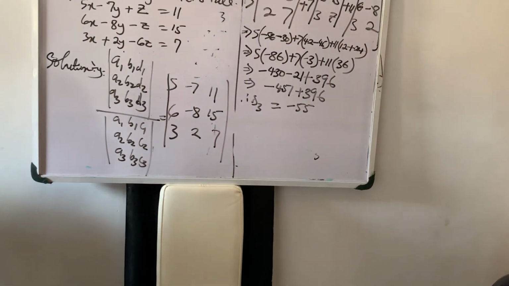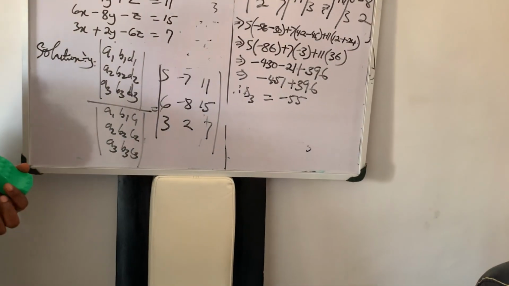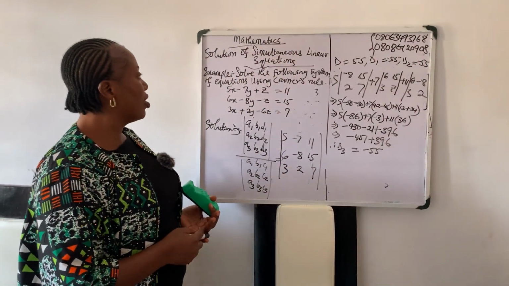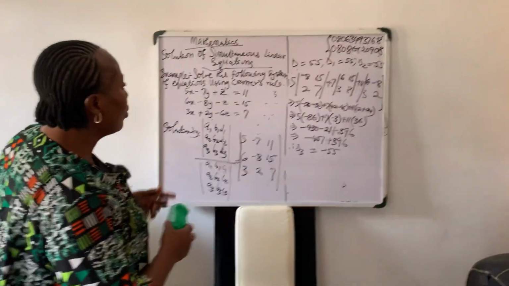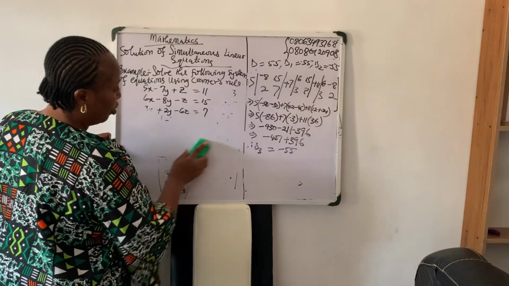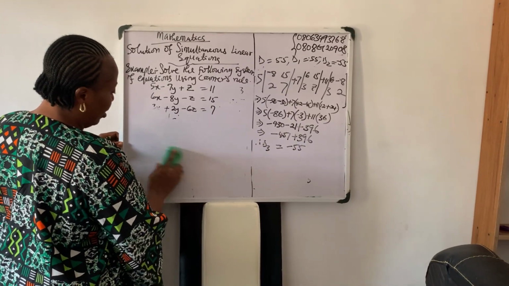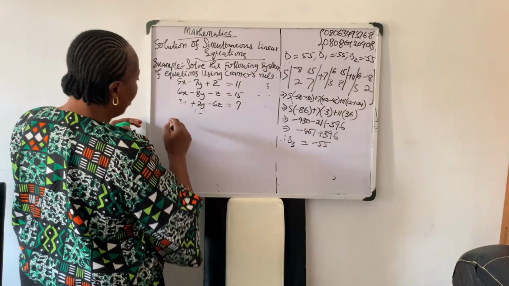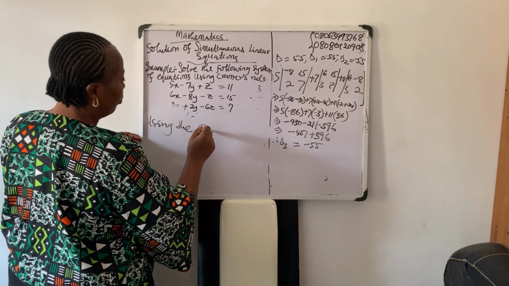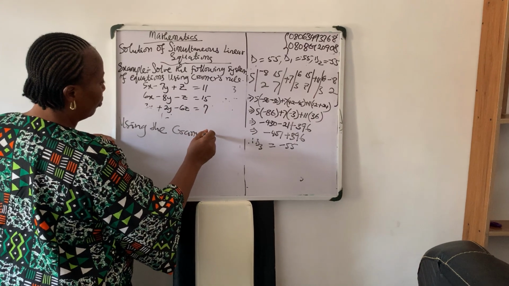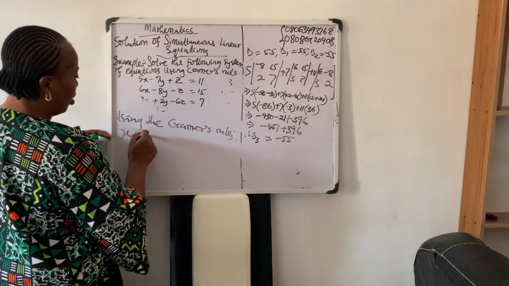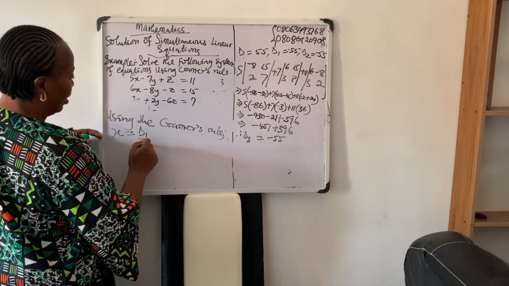We have gotten our D, our D1, D2, and D3. The instruction was for us to use the Cramer's rule. Now, using the Cramer's rule, you conclude by doing this. x equal to d1 all over d.